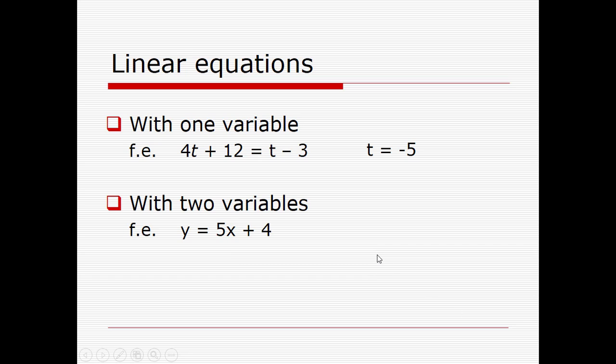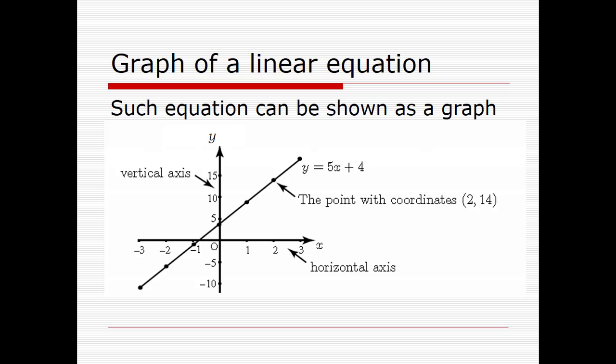The second equation we can't solve because it has two variables, y and x. That means we have numerous combinations that solve this equation. For example, if we choose x being 1, then y would be 9. If we look at all the possible solutions, together they form a line.